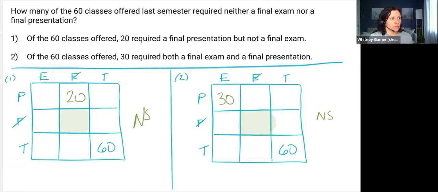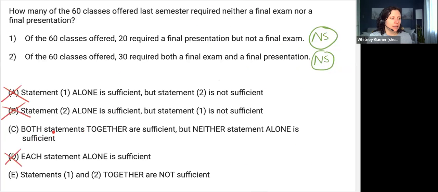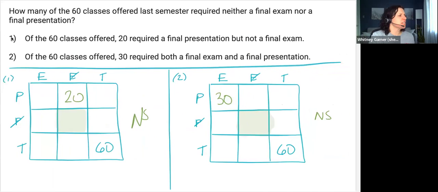So C, just for those of you that haven't seen this in a while, C is where I put the two statements together, finally. And so at this point, I don't really care which of my two tables I'll use because I'm not going back. I will just make a note to myself over here that this has become 1 plus 2. I'll bring the 30 over here, which gets me to 50 and to 10.